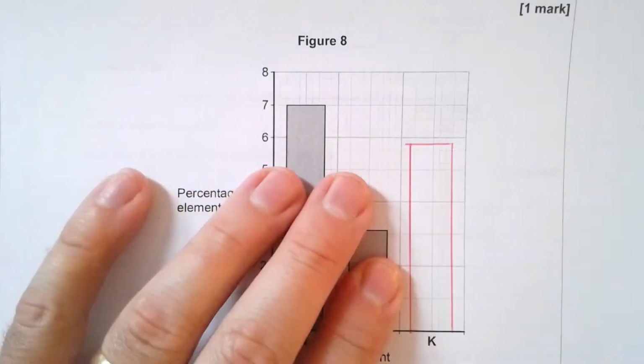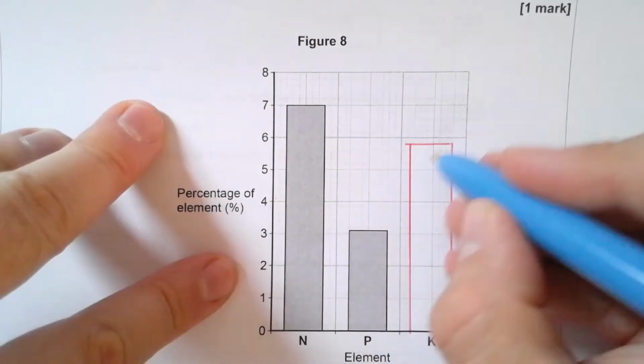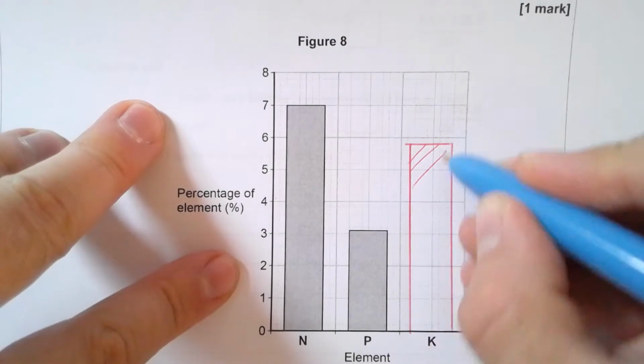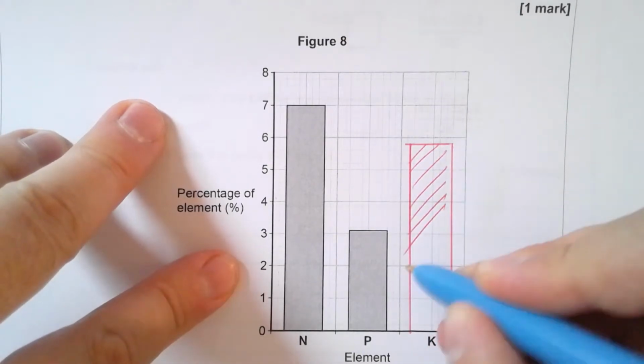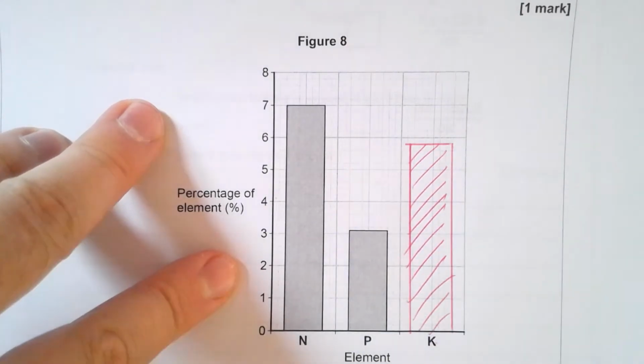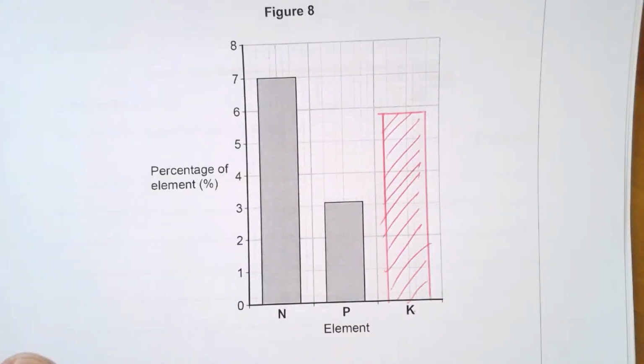So just one of those divisions below 6. Shade it in as you want. Already labelled, so you don't have to worry about that.